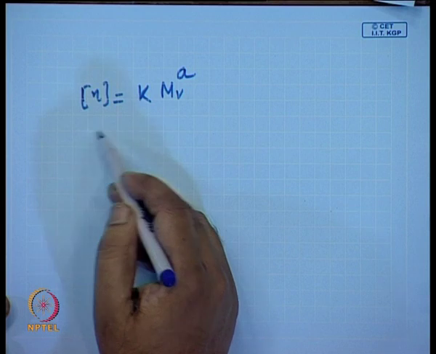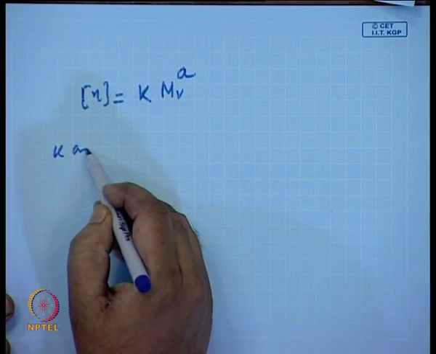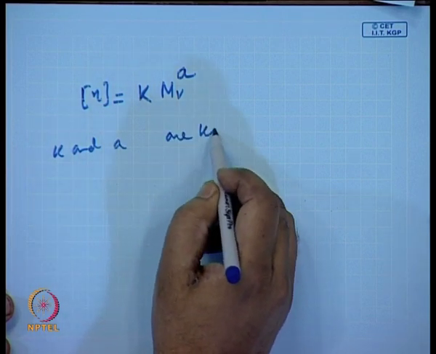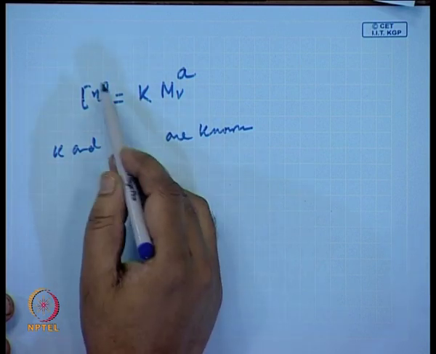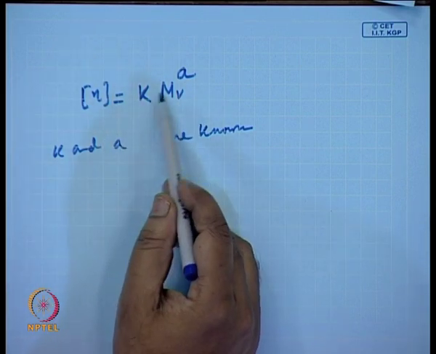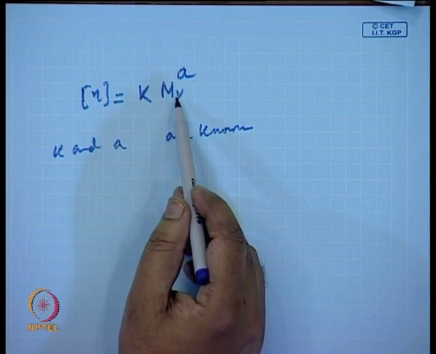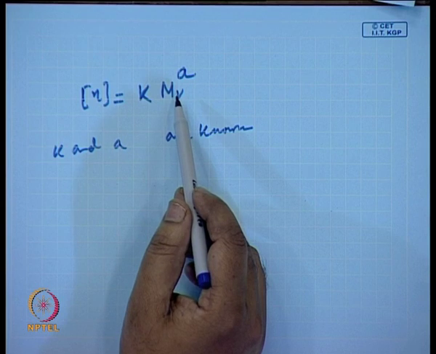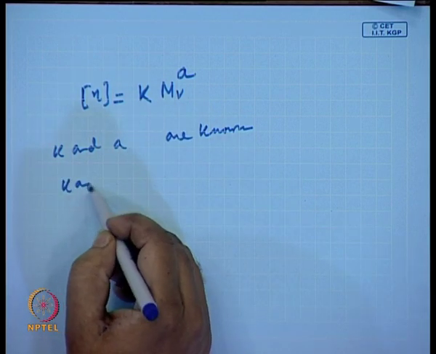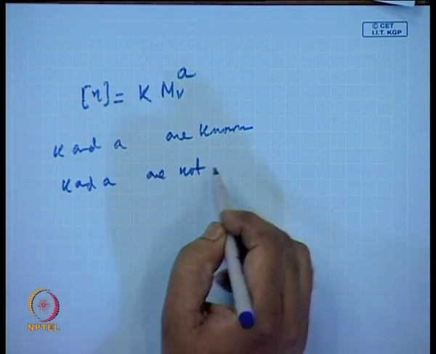So, how do you get the value for M_v? If K and a are known, you can find experimentally the value of intrinsic viscosity, and then, knowing K and a, you will be able to find the value for M_v. What happens if K and a are not known?